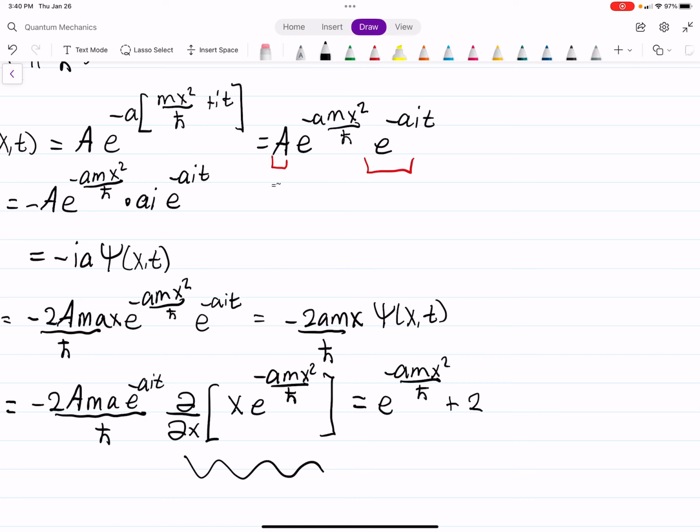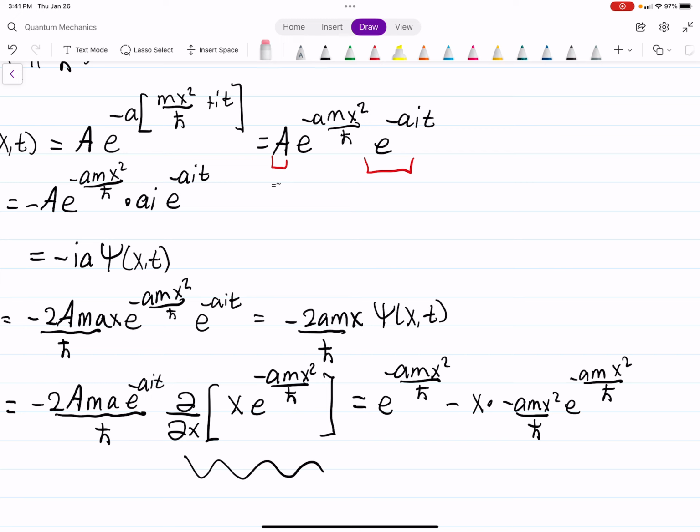So we'll have 2, we have x times minus a m x squared over h bar e to the minus a m x squared over h bar.